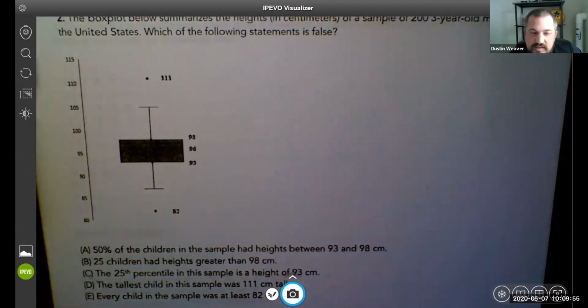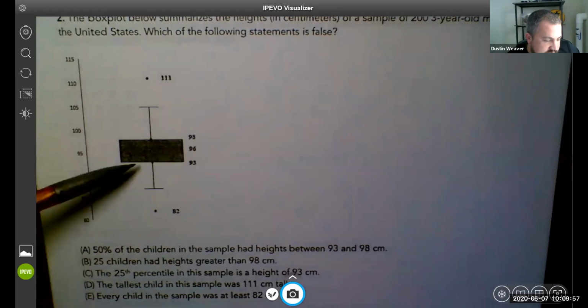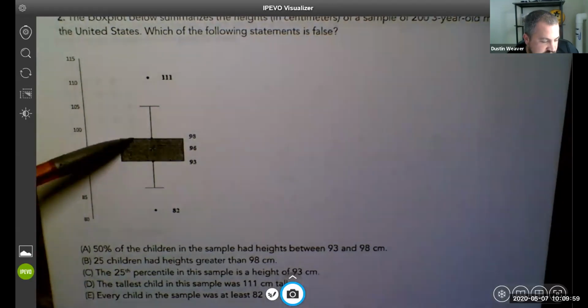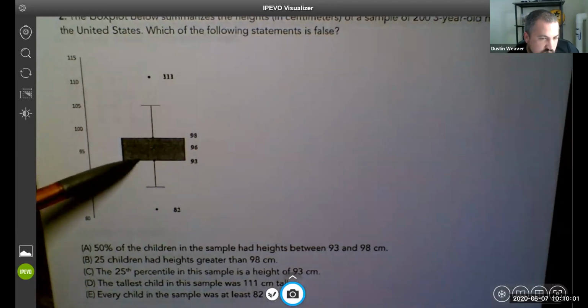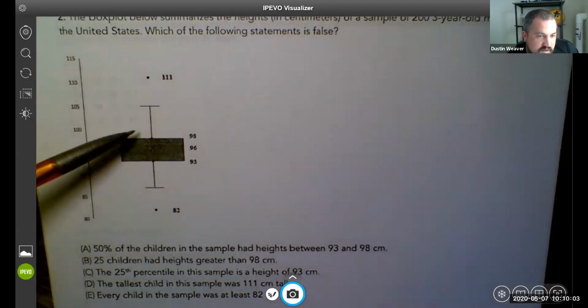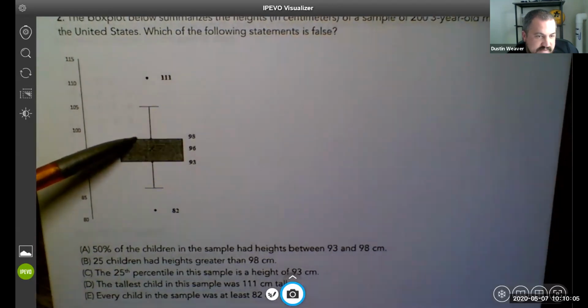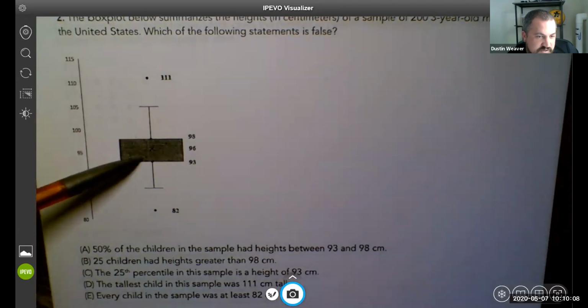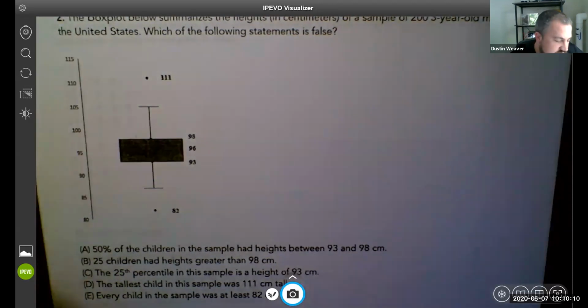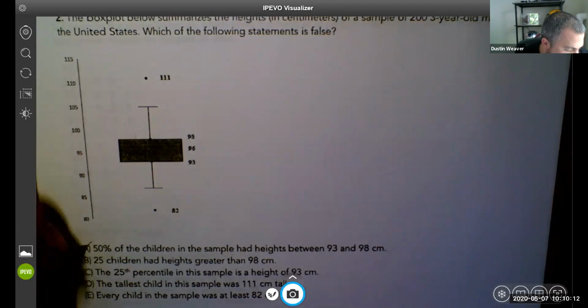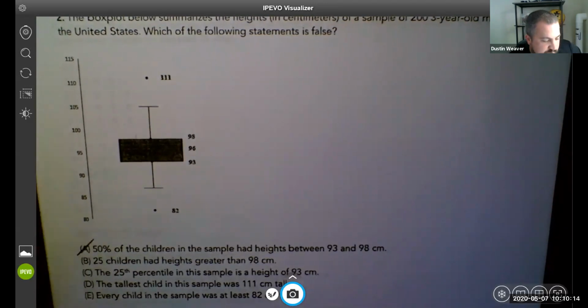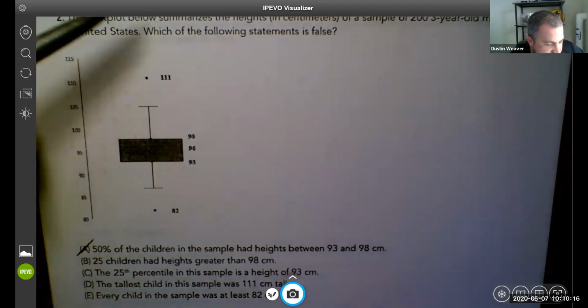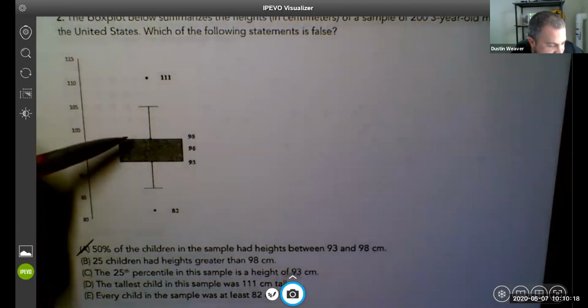Yeah, A is correct. So the box takes us from Q1 to Q3, right? So Q1 is the 25% mark. Q3 is the 75% mark. So there's 50% of them in that box. So A would be true. Let's look at B. 25 children had heights greater than 98.